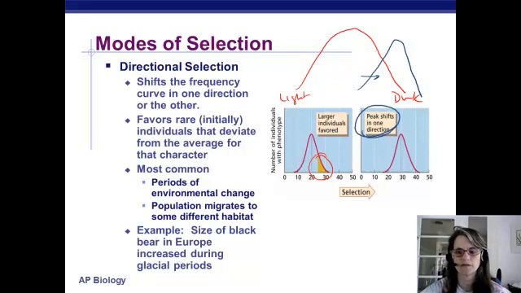So the peak shifts in one direction or the other. So it generally favors perhaps initially rare individuals that are deviating from average. It occurs when the environment is changing. Maybe this middle ground had been favored for a long time in the stable environment, but maybe the environment is changing.